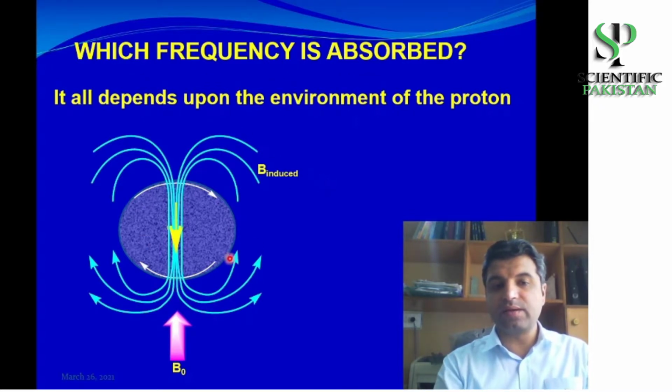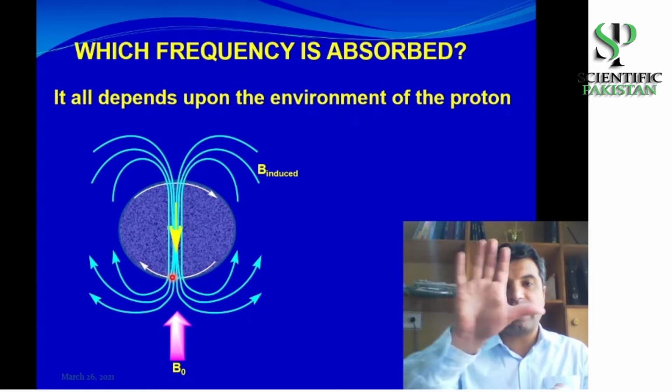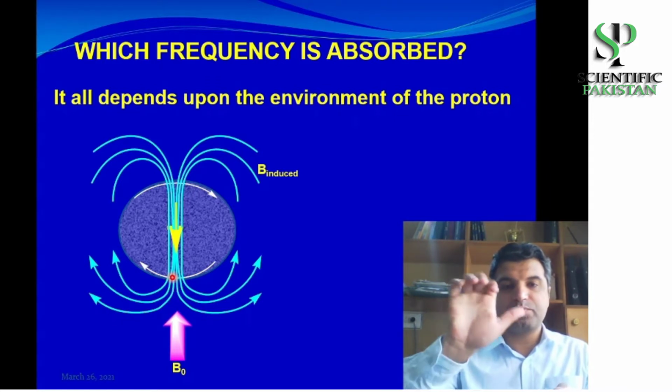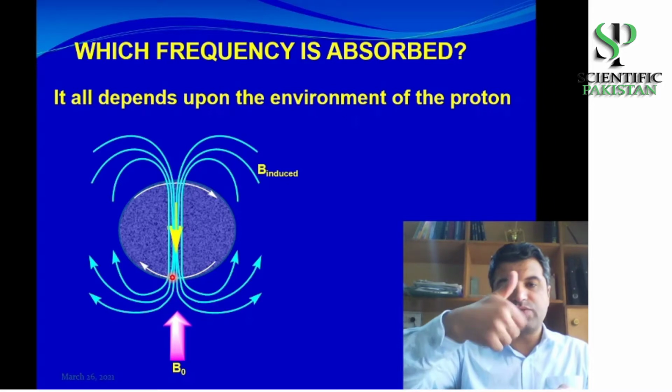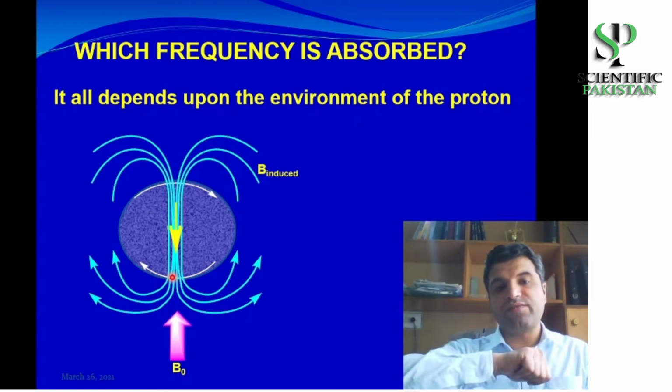And you can see that the magnetic field lines also move in a particular direction, and that is from the right hand rule. So if the thumb of your right hand points in the direction of the flow of current like this, then the curved fingers will show the direction of the magnetic field lines.